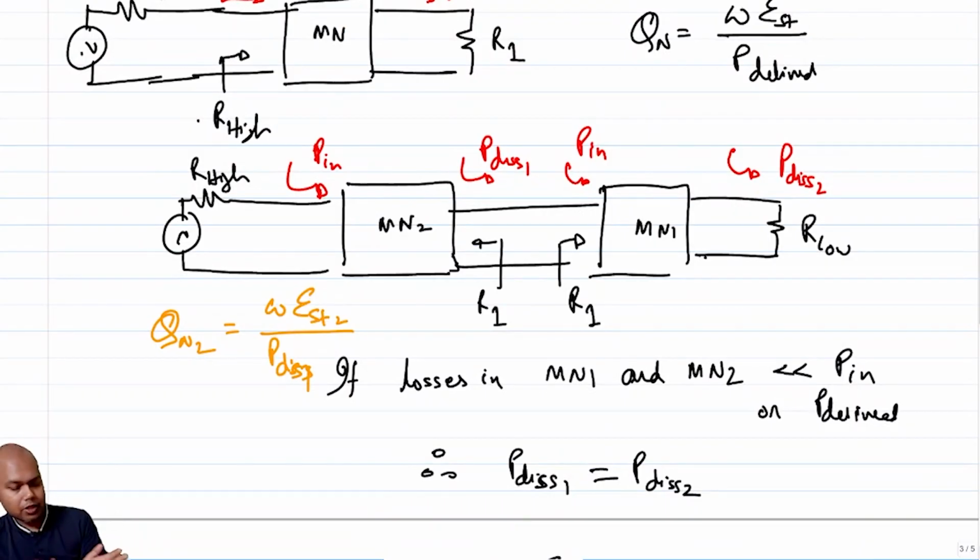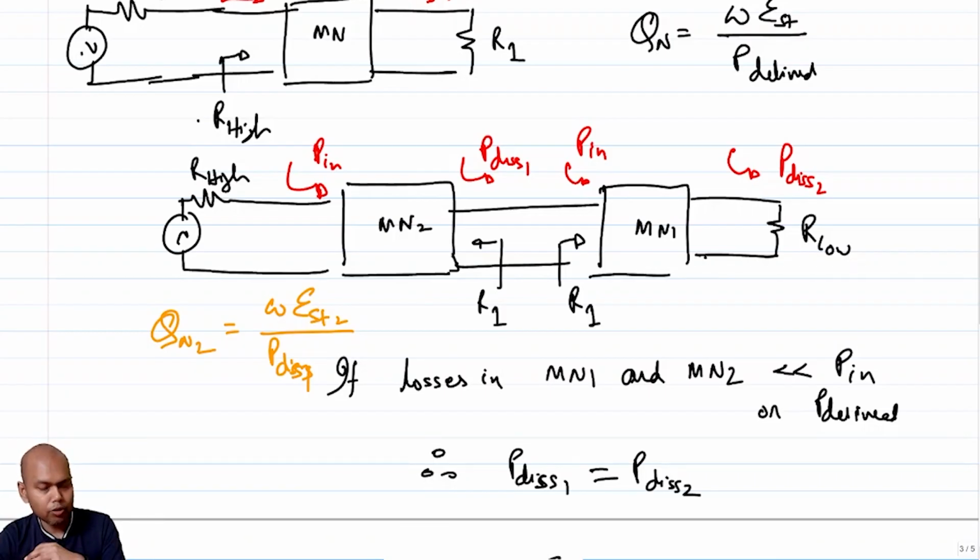Because when you decide to go from, let's say r low is 10 ohms and you want to go to, let's say, I'll just take a round number, 40 ohms, right?